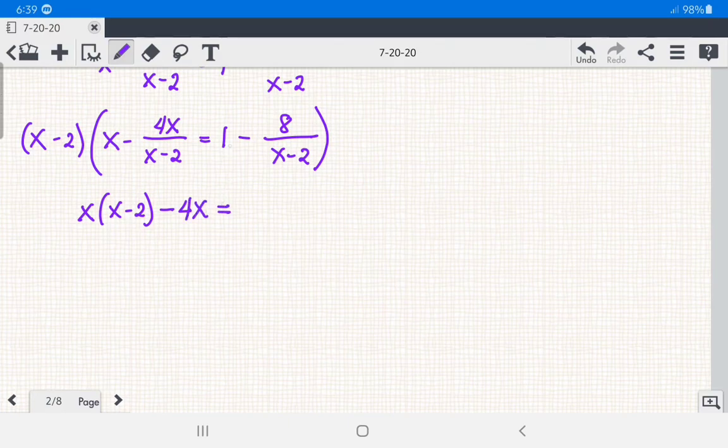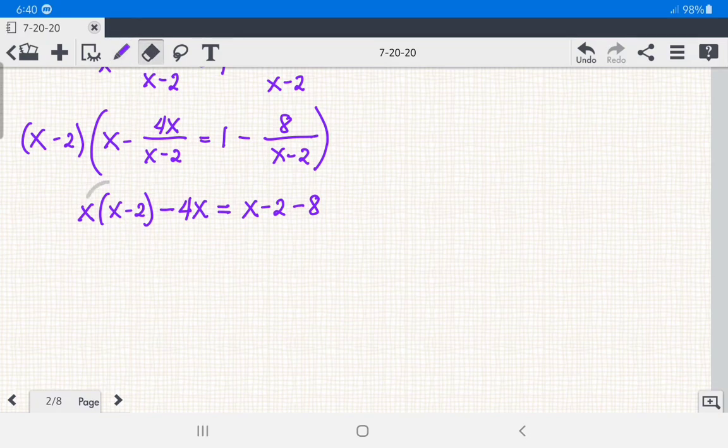Then, equals x minus 2 times 1, so we will just copy this, x minus 2. Then, this one, x minus 2 times 8 over x minus 2. Let us cancel x minus 2. Then, we have only 8. Minus 8.